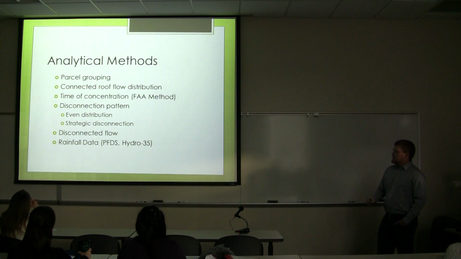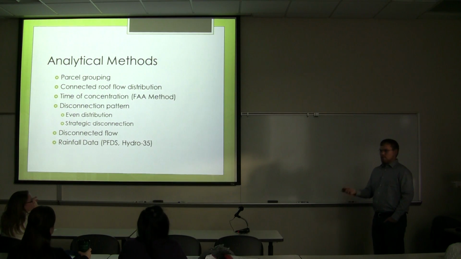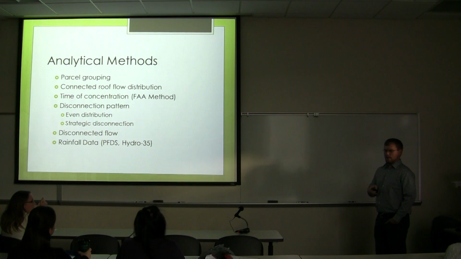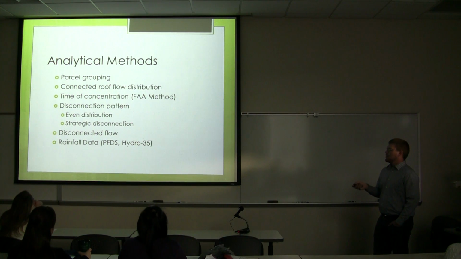And for the strategic disconnection, we tested whether upstream or downstream would be a better result for focusing our future disconnection emphasis. And upstream was found to drastically minimize flooding in basements and in the pipes over the nodes. And then our disconnected flow, we had to determine, once we did disconnect it, where does it go?